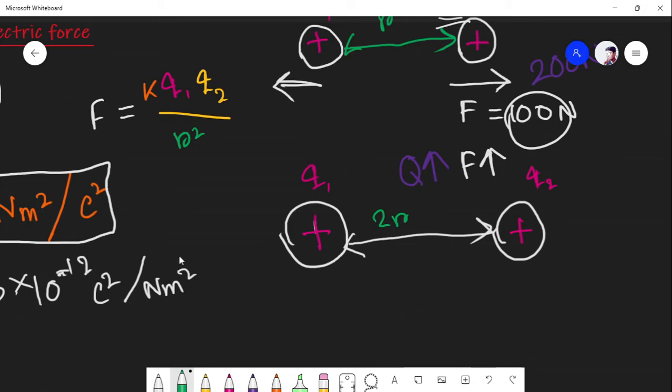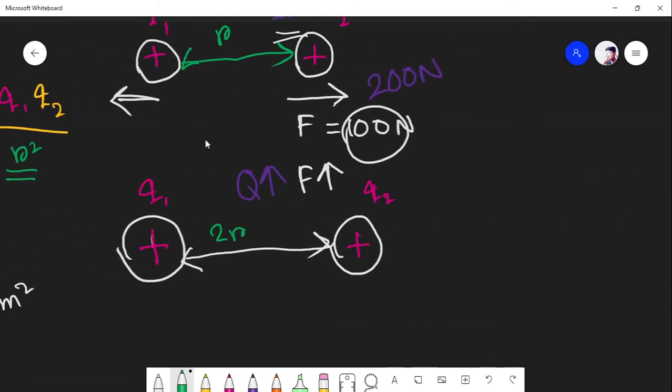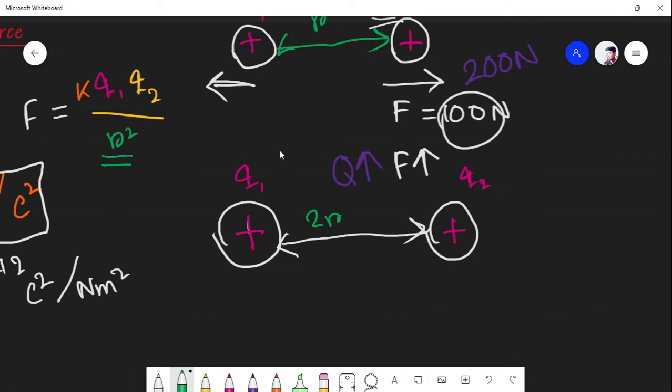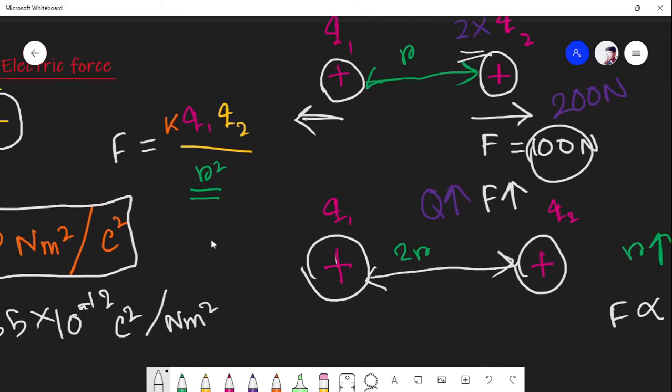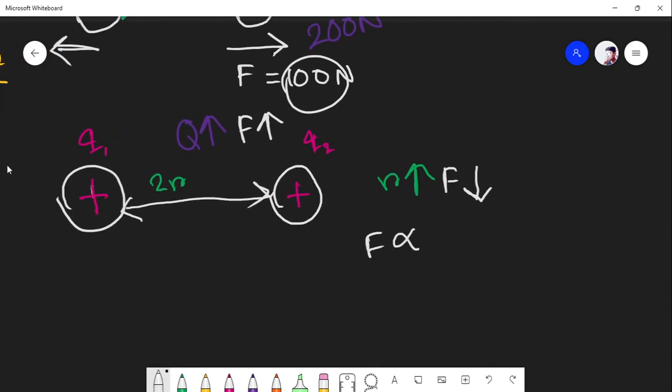Well, notice that the distance is on the bottom of the fraction, so the distance is inversely proportional to the electric force. So if the distance is increased, the electric force will decrease. And by how much? The electric force is proportional to 1 by r squared, so it is inversely proportional to the square of r, right?